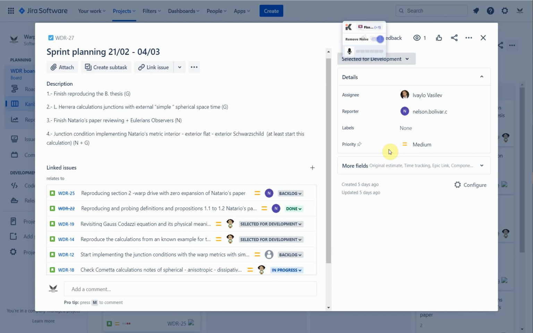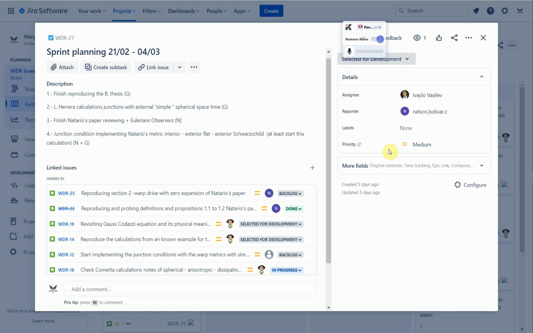He's trying to reproduce this using both methods: the one with the first and the second fundamental form, which means looking at the Lanczos equations on the surface, and also projecting the energy momentum tensor. We plan to have this well understood and done in a couple of weeks, and then use it for starting to work with the warp drives. This basically comprises items one and two of the sprint planning.